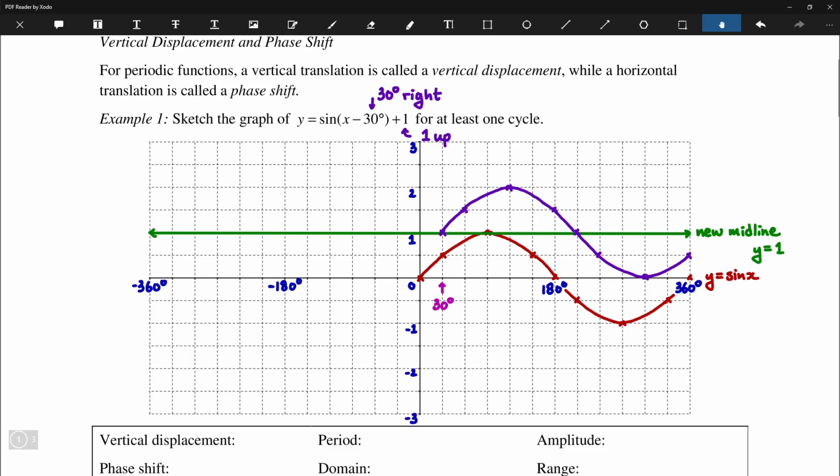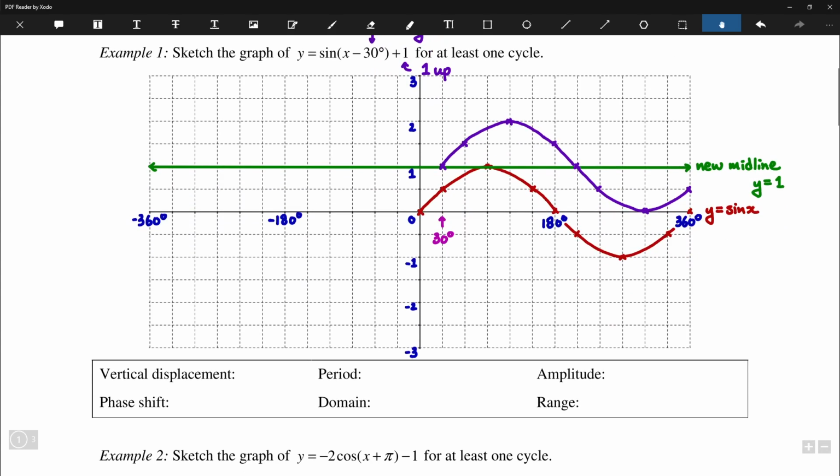Information about this function, y equals sine of (x minus 30 degrees) plus 1. Again, the vertical displacement was plus 1, or 1 up. The phase shift was 30 degrees to the right. Now the period is unchanged, so it will still be 360 degrees, one full rotation.